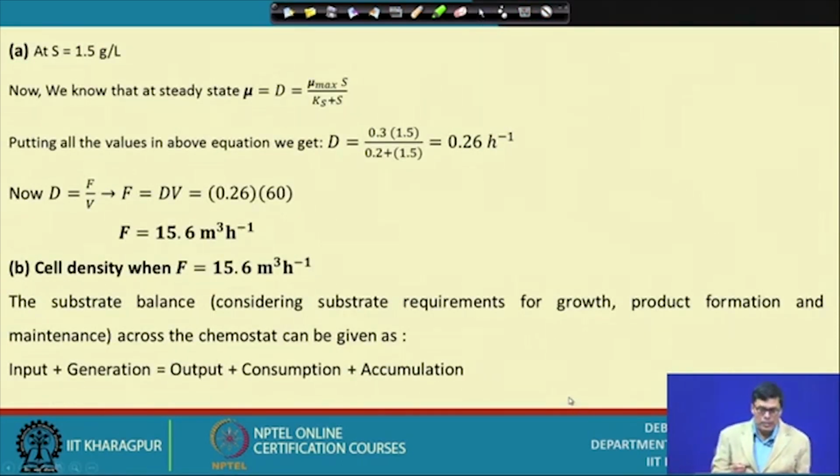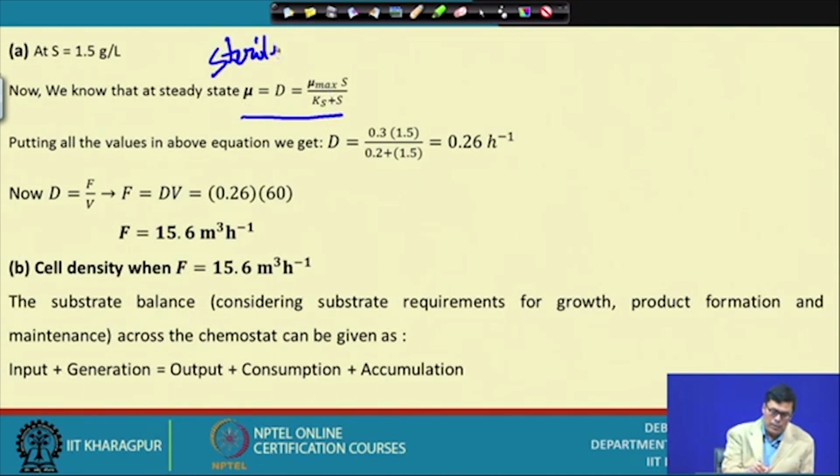Then let us see how to solve it. So, this is the equation that we have. Then we have D equal to mu max under steady state condition and sterile feed. Sterile feed means X0 equal to 0. Then mu equal to D, so we can write mu max S by Ks plus S. Am I right?